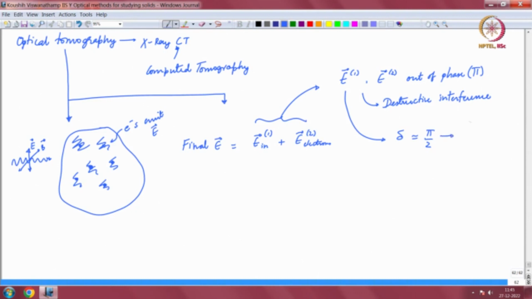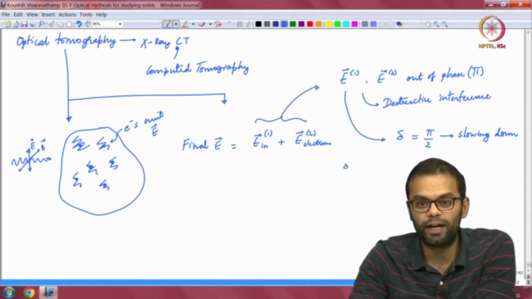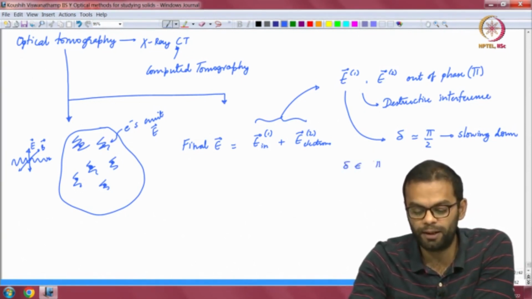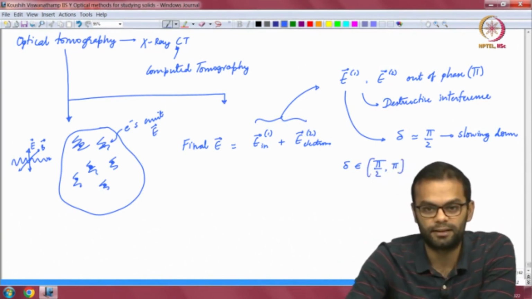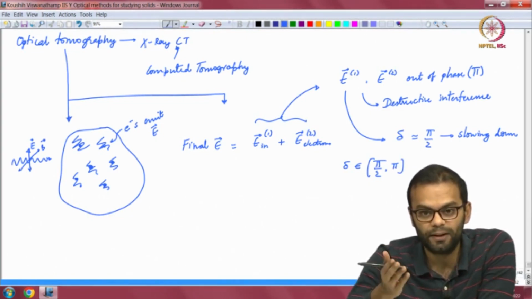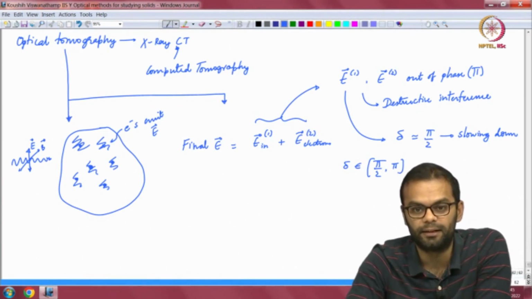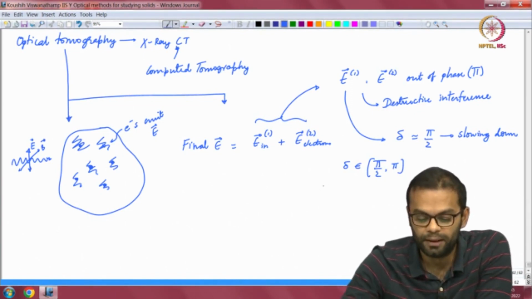So this was responsible for slowing down, right. Now remember we also said that the actual value of delta is somewhere between pi by 2 and pi, usually for most materials. We also mentioned that there is a possibility that delta can be close to 2 pi, in which case the two waves will add up, and that is what happens in a laser. We mentioned that in passing, but usually in most materials this is between pi by 2 and pi.